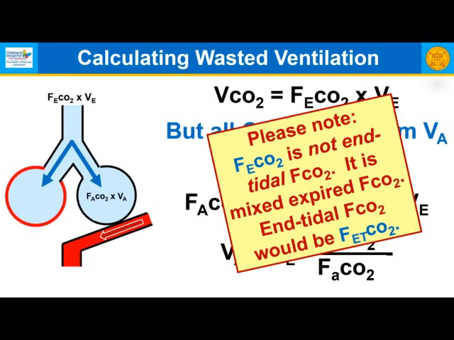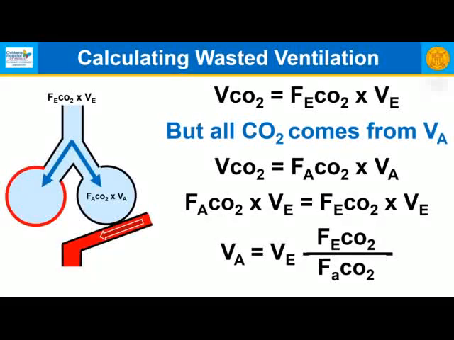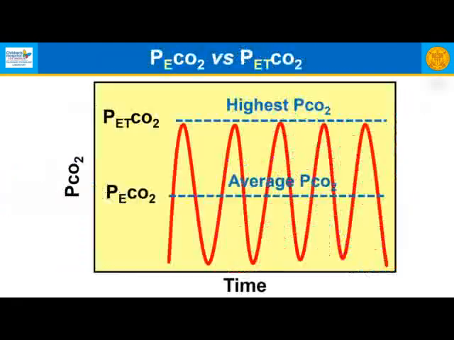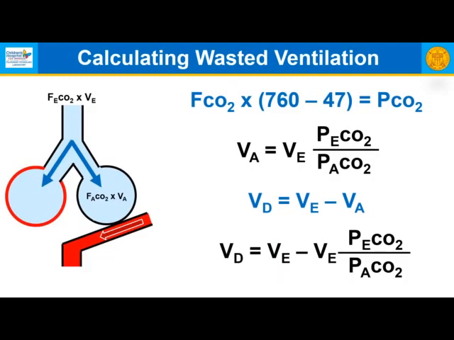End-tidal CO2 would be FeTCO2. So here we can calculate alveolar ventilation, and note the same thing for PO2 and PCO2. The reason for that is that end-tidal CO2 is the highest CO2 that you achieve in exhalation. What we want is the average CO2, or the mixed expired value.